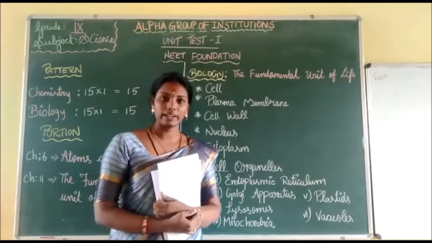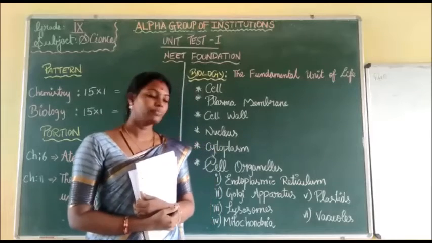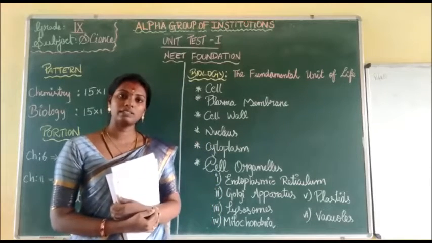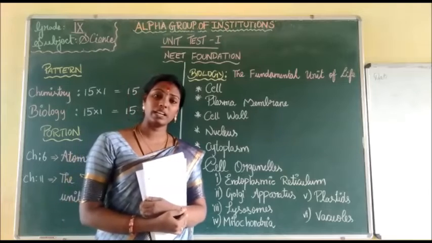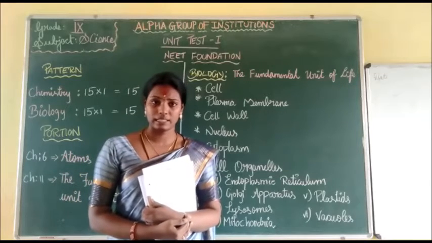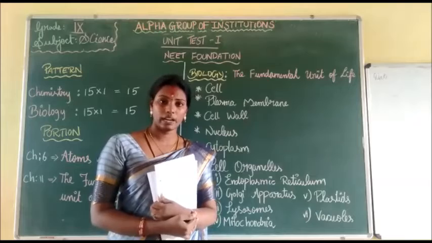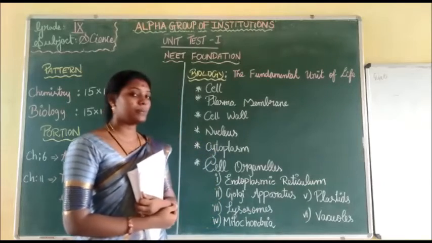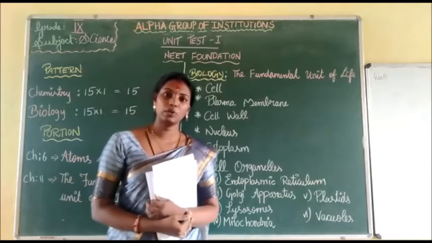The cell organelles are endoplasmic reticulum, Golgi apparatus, lysosomes, mitochondria, vacuoles and plastids. So these are the topics involved in the fundamental unit of life.